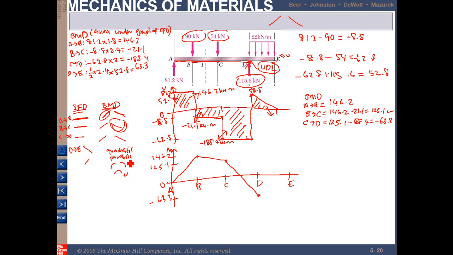But because at point E the bending moment becomes 0, definitely the graph is like this. Okay, so that is how we construct the shear force diagram and the bending moment diagram without actually doing the sectioning at all points like we did in the first and the second example.